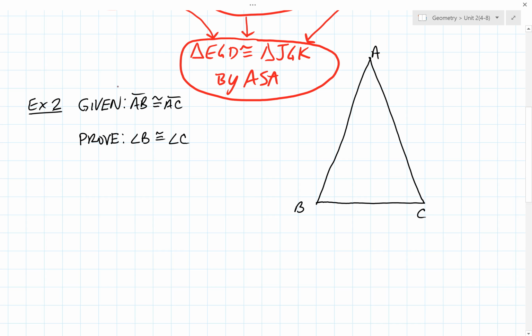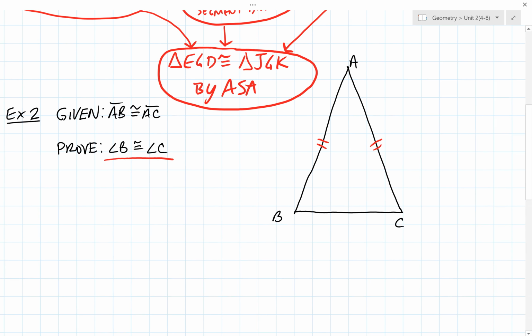We are going to use congruent triangles, but it's different because what they're asking us to prove doesn't say anything about triangles, but we're actually going to use some congruent triangles in order to prove this. So let's go ahead and mark our given. So our given is that AB is congruent to AC. And that's all we're given. And we don't even have two triangles. So we're going to have to be a little bit creative here in order to prove that angle B is congruent to angle C.